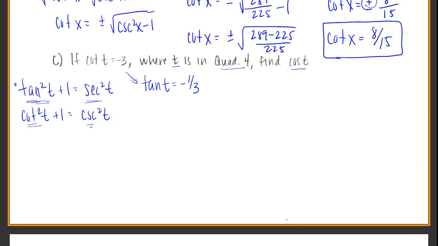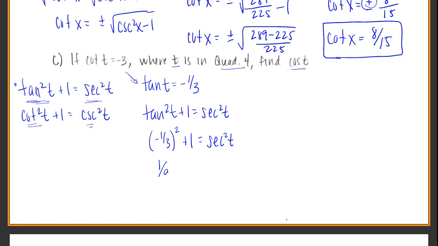Okay? So if we go with tangent squared t plus 1 is secant squared t, then tangent is negative 1/3. It tells us to square it, plus 1 is secant squared t.